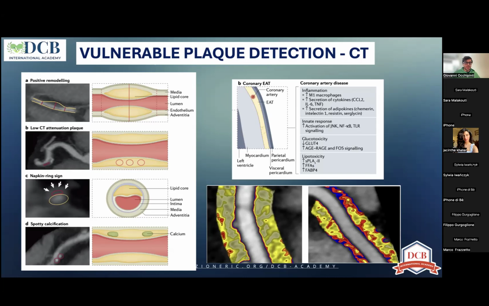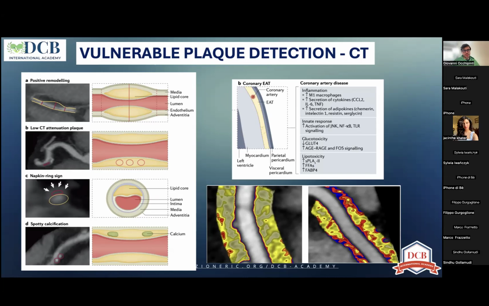I tried to add a look at CT scan. With regard to vulnerable plaque characteristics, positive remodeling, low CT attenuation plaque, napkin ring sign, and spotty calcification are the 4 main characteristics that define a vulnerable plaque.